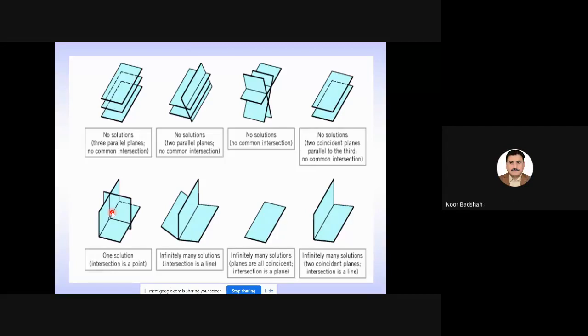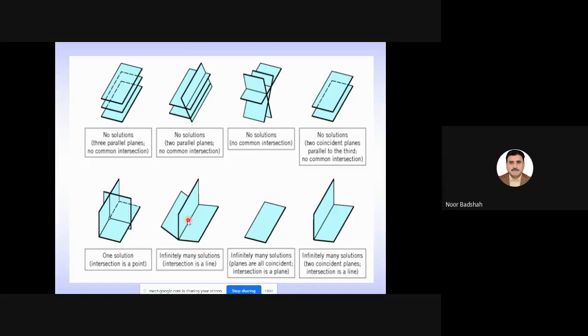And in case you have three planes, like this one, this is one plane, there's another plane, and there's another plane, so they have an intersection in a line. This complete line is the intersection of it. And we are having infinite points on this line.